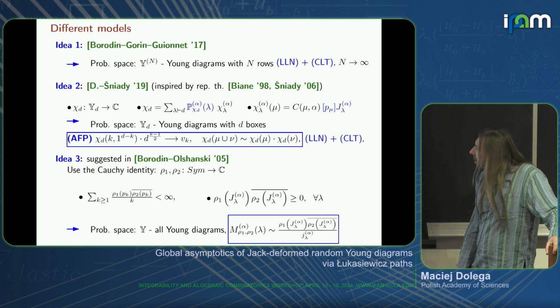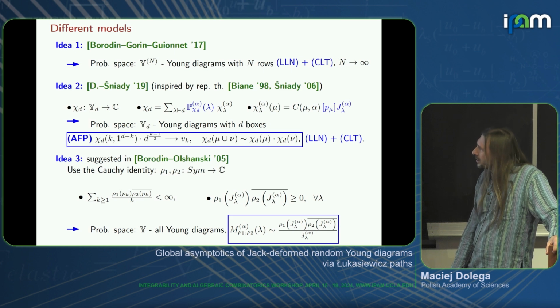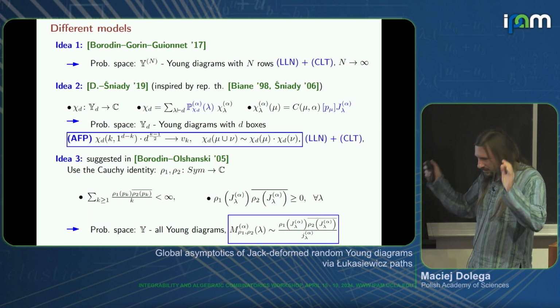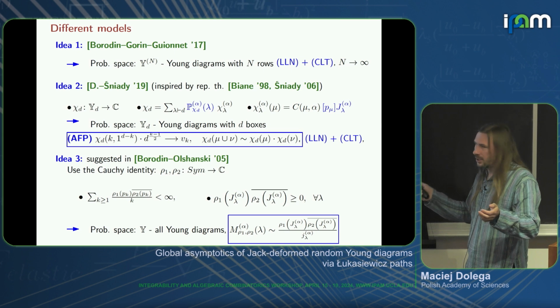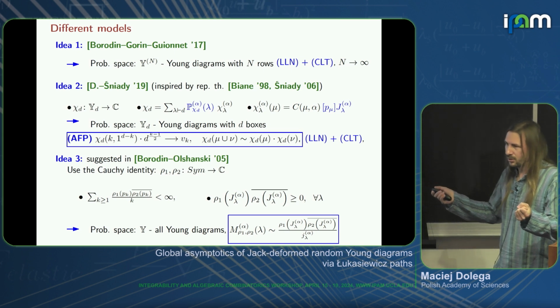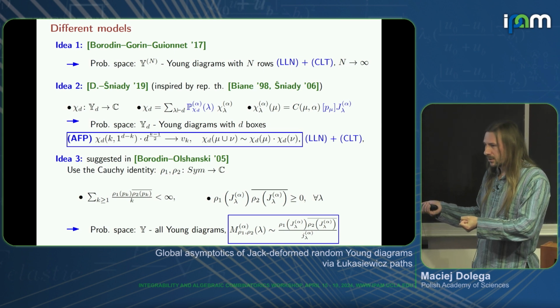And there's the third idea. This is an idea that was suggested by Borodin and Olshanski in their paper on z-measures. What they basically said is, just do the same as Okounkov did, take Schur measures, but replace Schur by Jack.